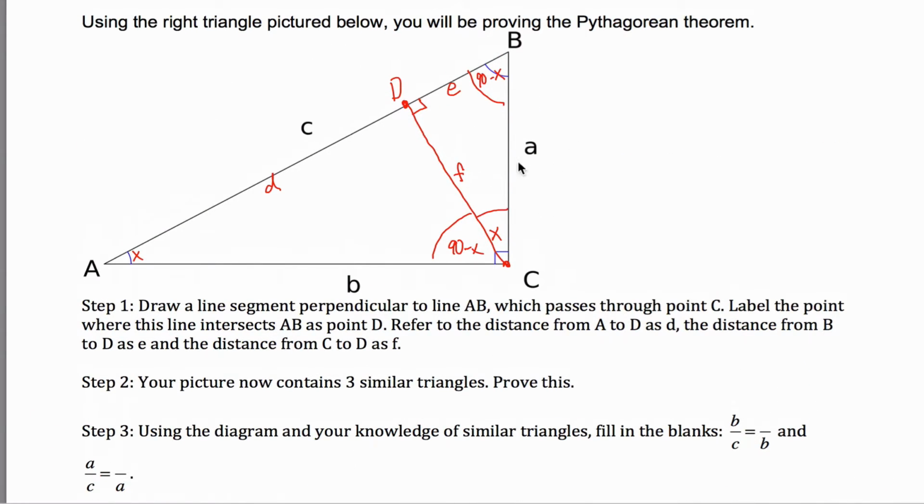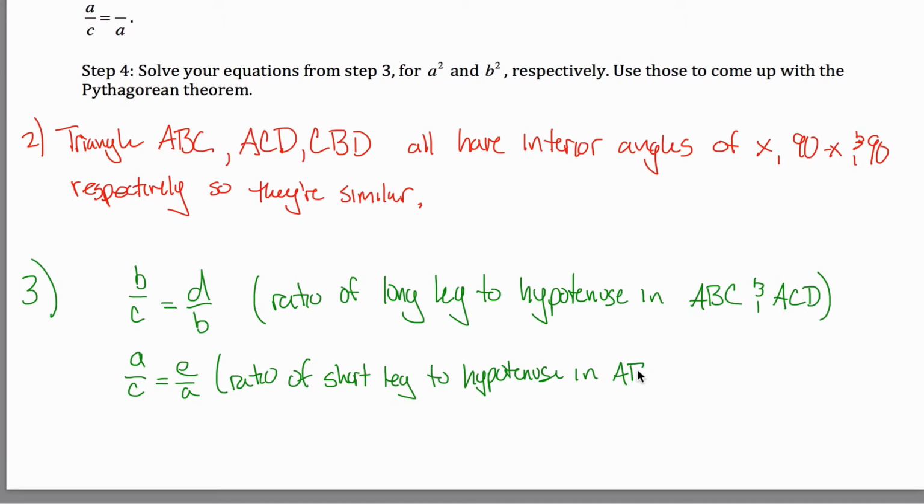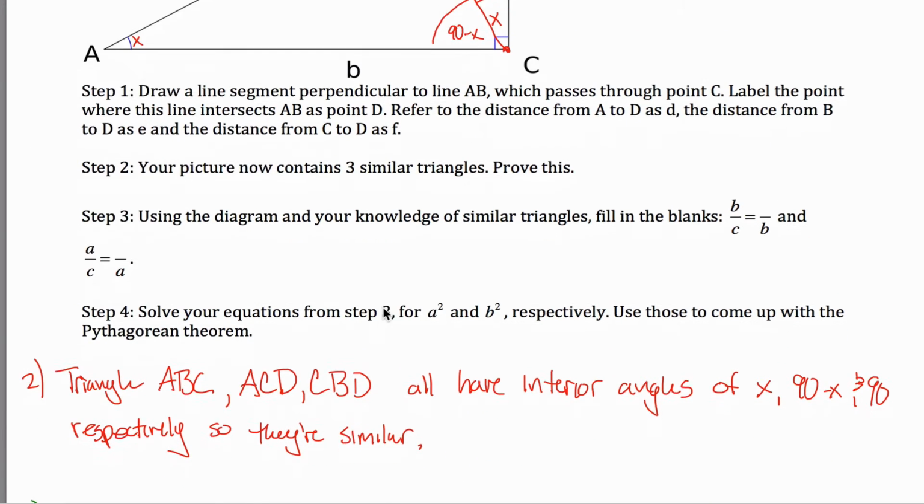So in this guy here, the short leg over the hypotenuse would be E over A. So I get that A over C is equal to E over A. And this is the ratio of short leg to hypotenuse in ABC and CBD. I'm a little bit low on room, but I think I can make this work.